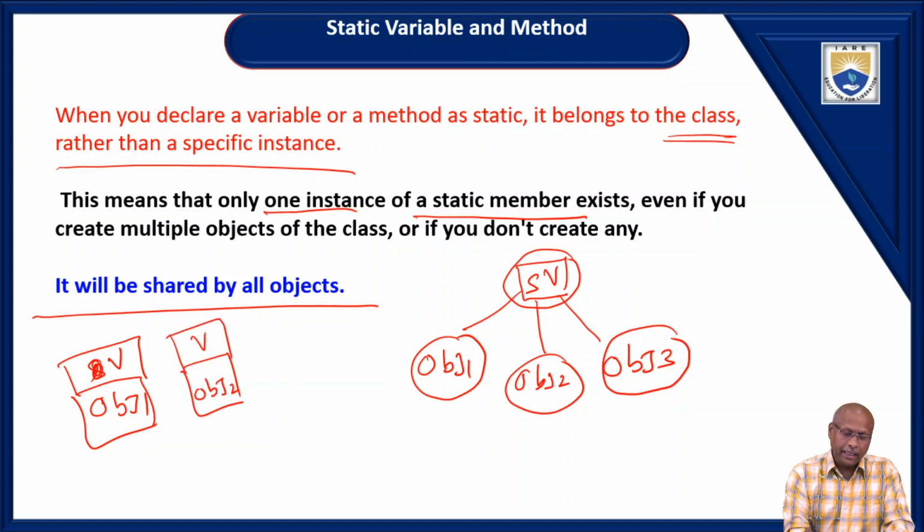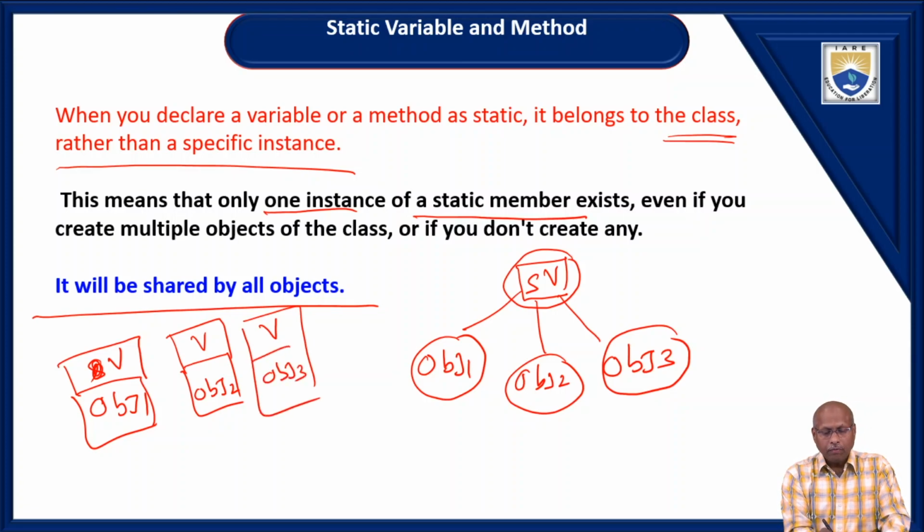So that means you have different memory areas. When you write a normal, non-static variable, every variable will have separate memory. Whereas when you write a static variable, only one area will be utilized by all objects. That is the main goal of this static concept: declare once, but use in many objects.